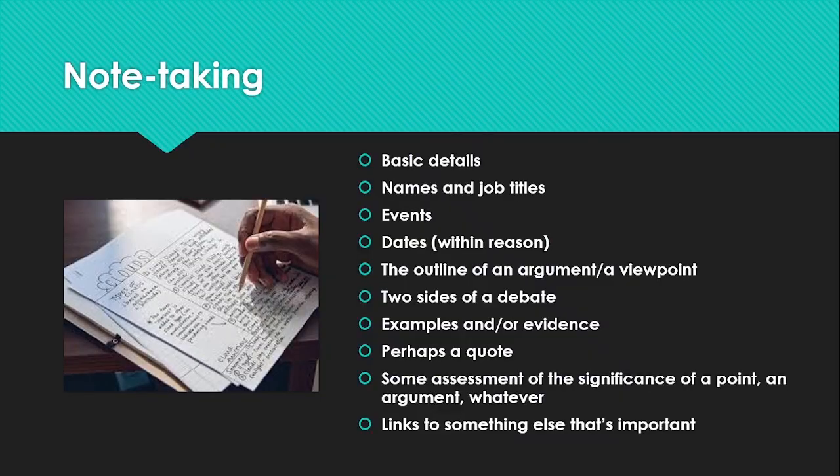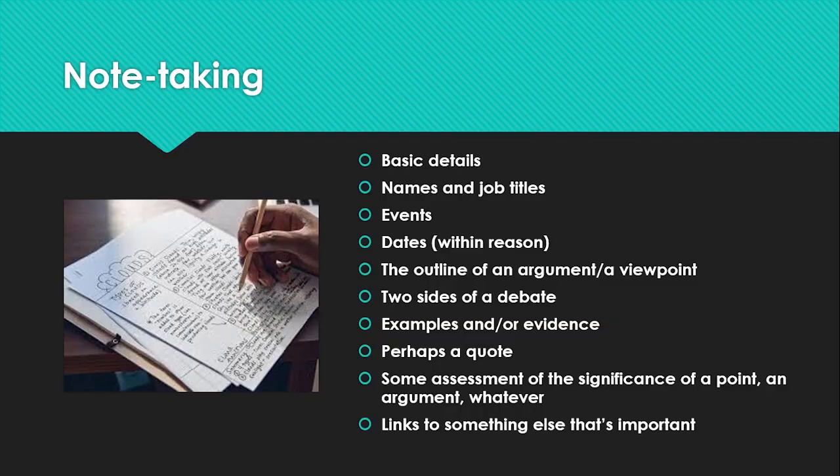So, as to what goes in your notes, there will be some basic details. Perhaps names and job titles, events, or in this case initiatives, laws and the like. Dates within reason. And in my example, this would be pre-war or during the war.